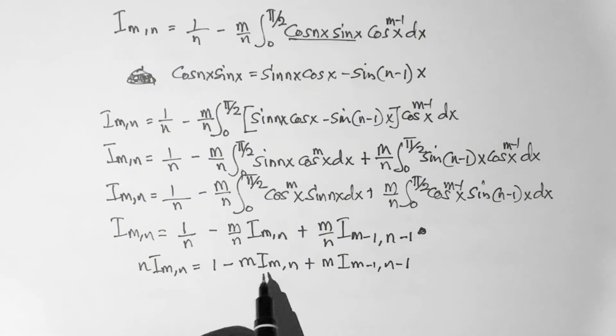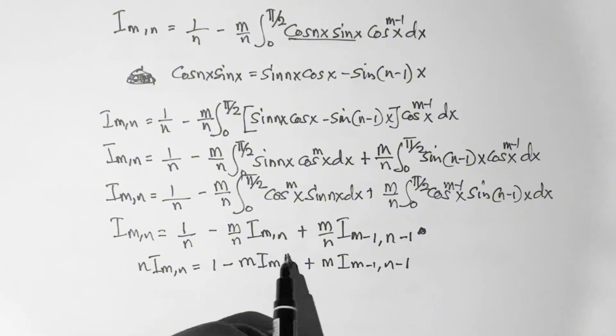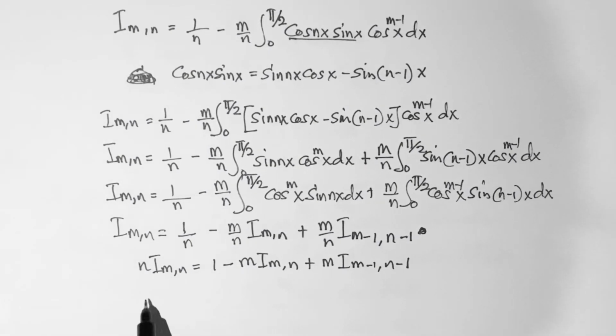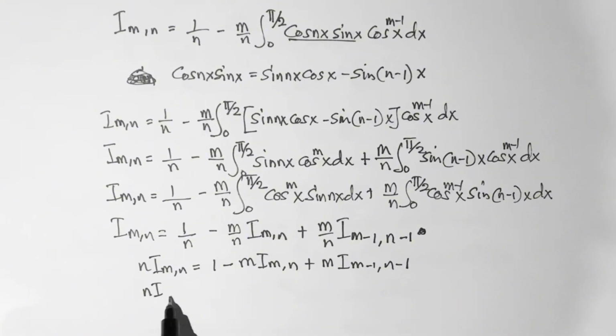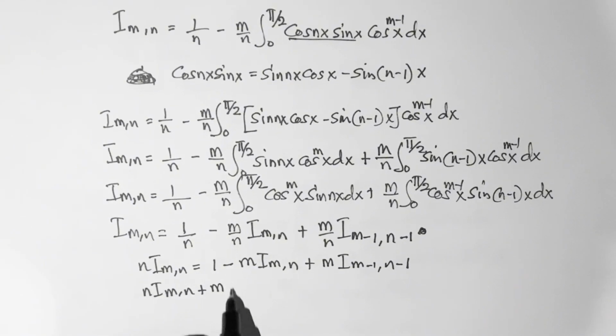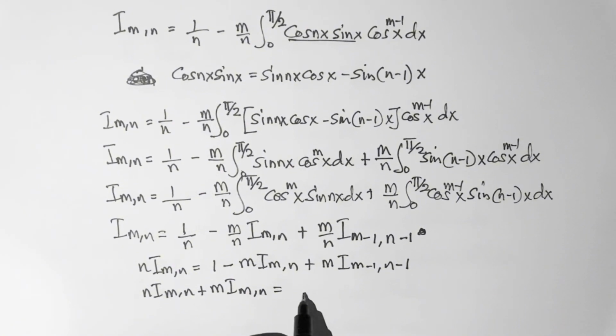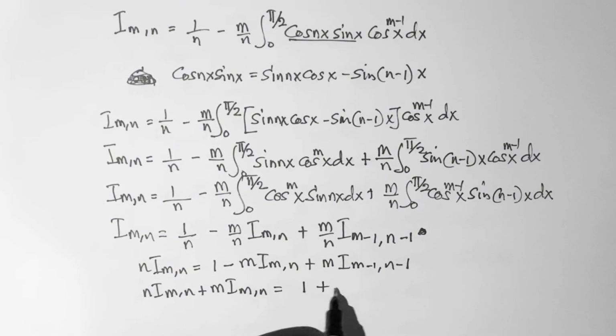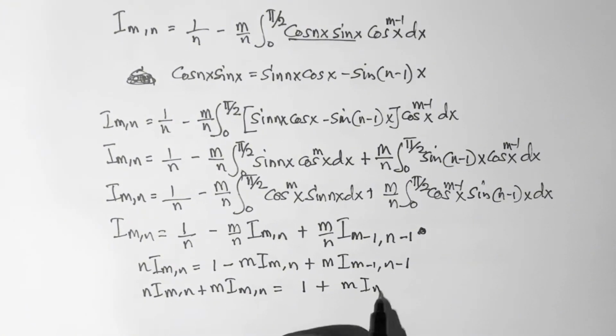So what we'll do is that you can see that here's I of mn. So let's bring it to the side. So we have n I of mn, then plus m I of mn equals, then this becomes 1 plus m I of m minus 1, n minus 1.